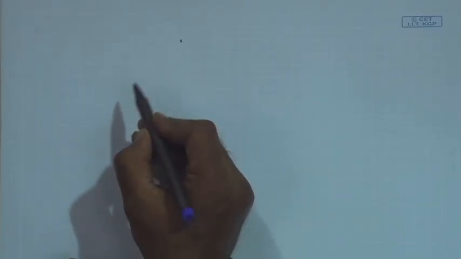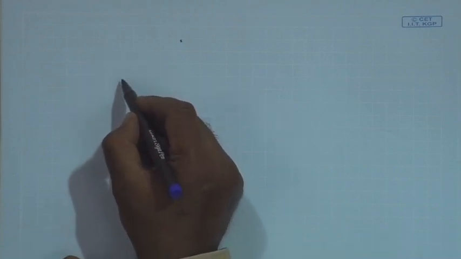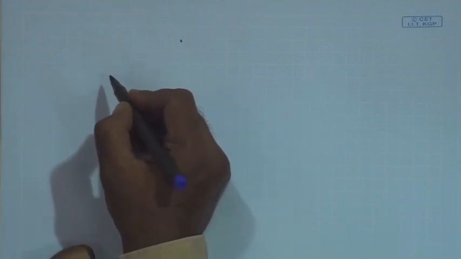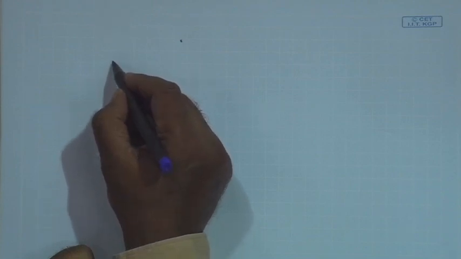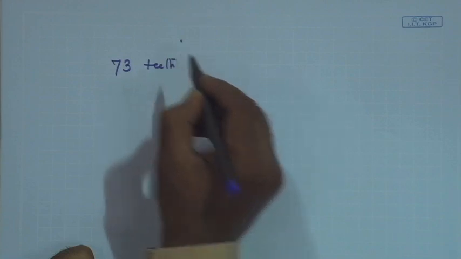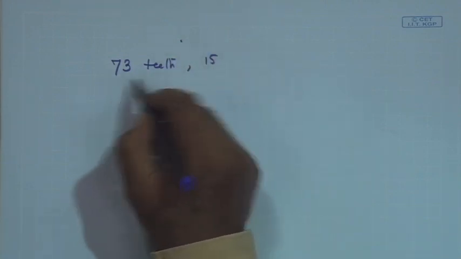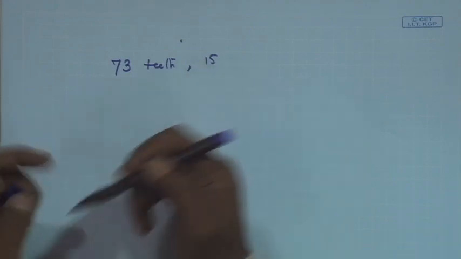For example, let us take a particular numerical example. Suppose you are having 73 teeth, you are having 15 degrees, just a moment, I think we have solved this problem.